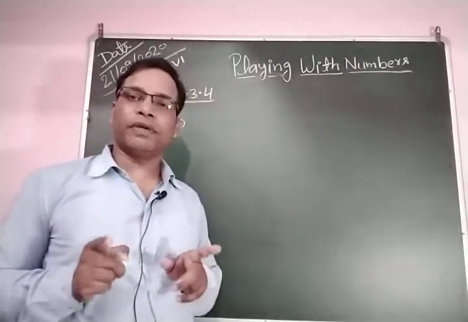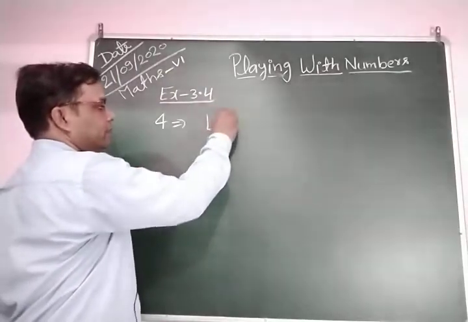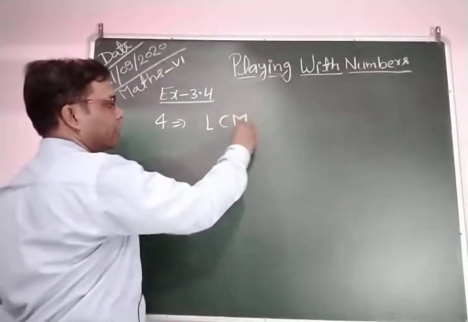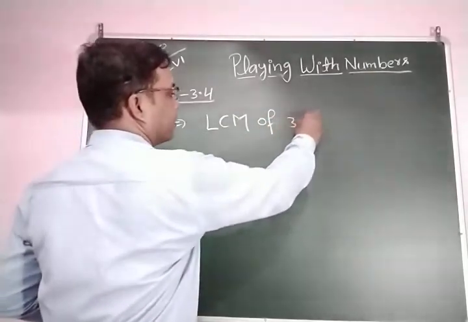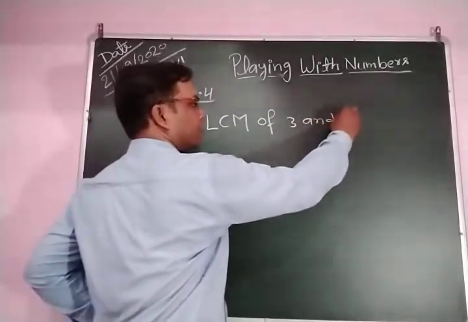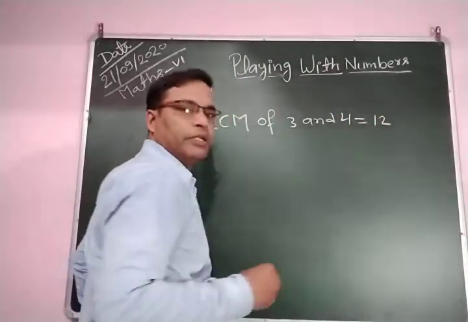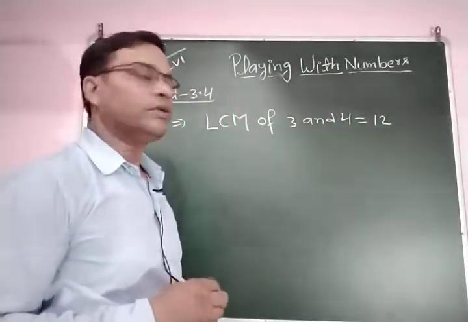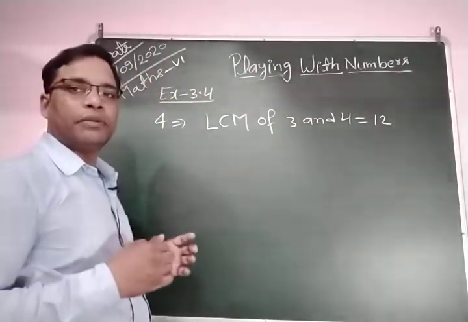For this, first we find the LCM of 3 and 4. So we write here LCM of 3 and 4. This is equal to 12, and after this we find the common multiples of 3 and 4 less than 100.